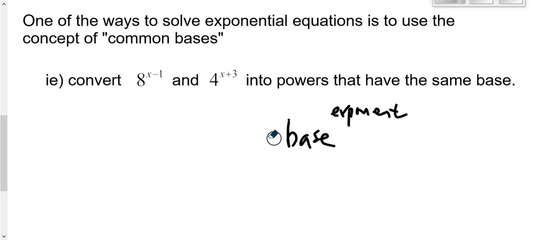Okay, so now let's work this out. So when you look at this one here, 8 raised to the power of x minus 1, I hope you have a spidey sense that when you first look at 8, you know that you can write that as 2 raised to the power of 3.